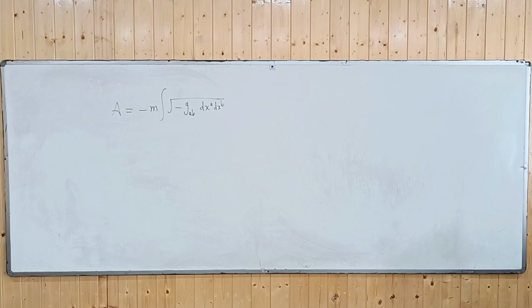Around a given event, in the infinitesimal region of that event, you can reduce it to inertial coordinates, as I told you in the last lecture, by putting the first derivative equal to 0. Locally you can make it inertial, but globally you can't do it. Any question till now?